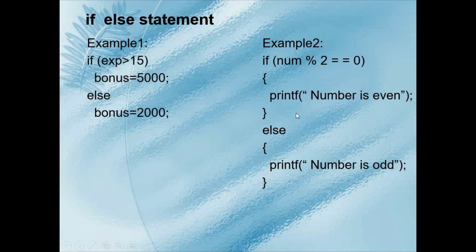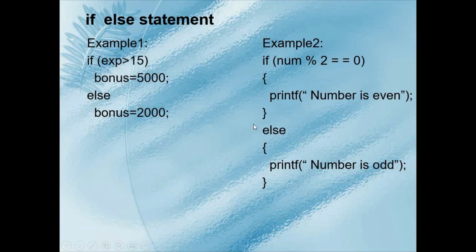You can see here we have not included flower brackets. The reason is that if there is only one statement in a block, then the flower brackets are optional. But if a block contains two or more statements, in that case we need to give the flower brackets.